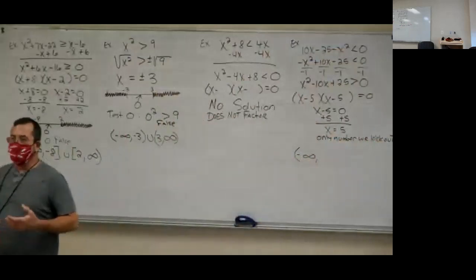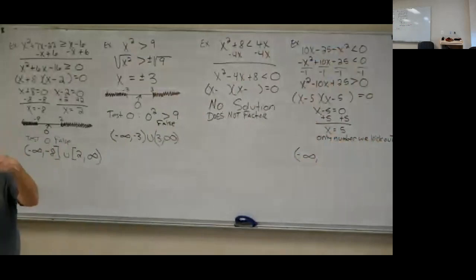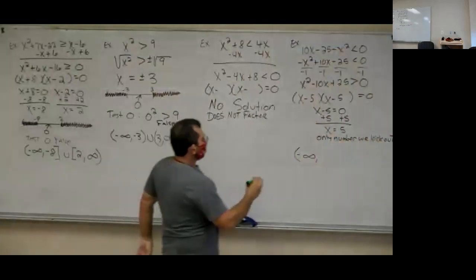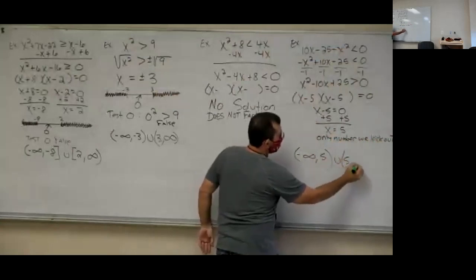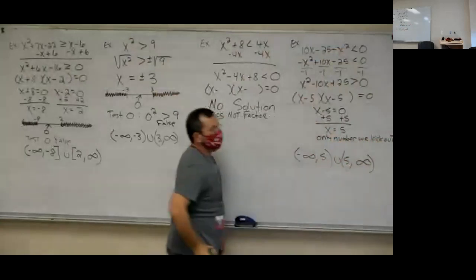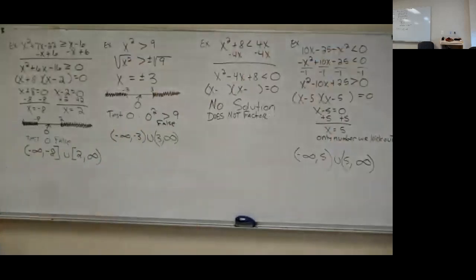Now this, you have to definitely use parentheses, okay? So I'll go to the 5, and then union from the 5 to the positive infinity. So when you got the one solution, you kick out the one answer and be done.